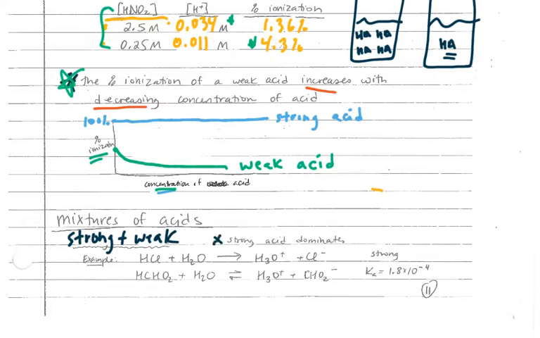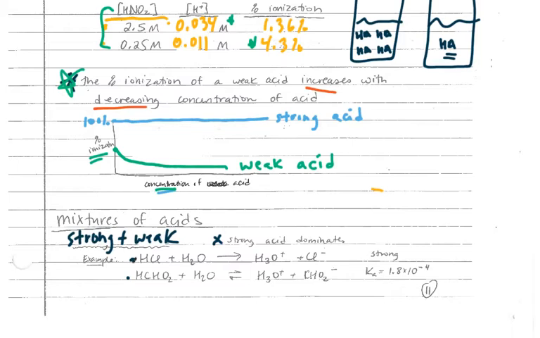I even have a rule written in here. The strong acid dominates. So for example, if we have hydrochloric acid, and HCHO2, which is formic acid. So formic acid is a weak acid, and HCl, hydrochloric, is a strong acid.